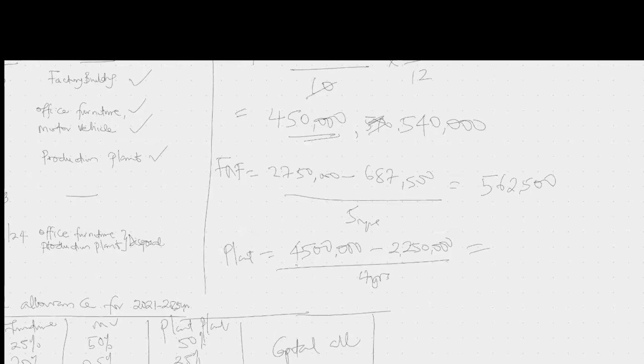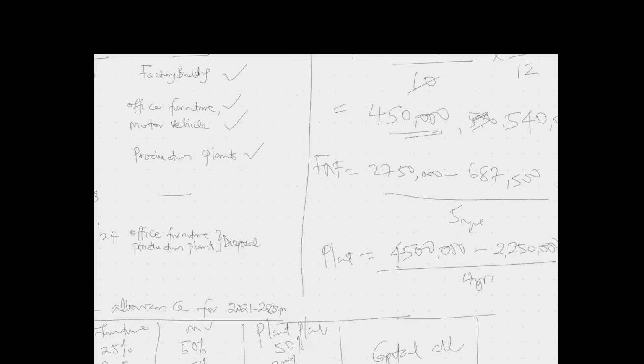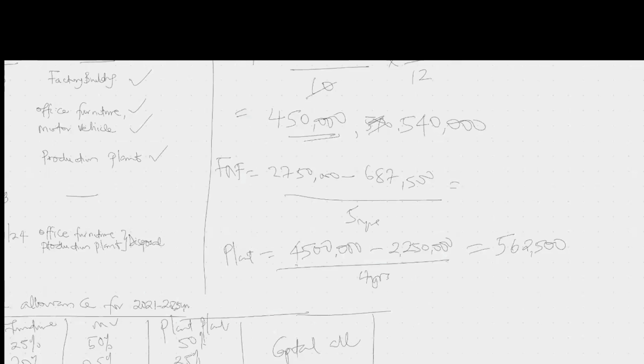What about the first one? 412,500. What do you call it? 412,500. I got 412,500. Oh, okay.